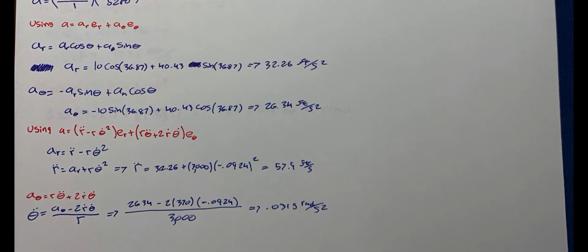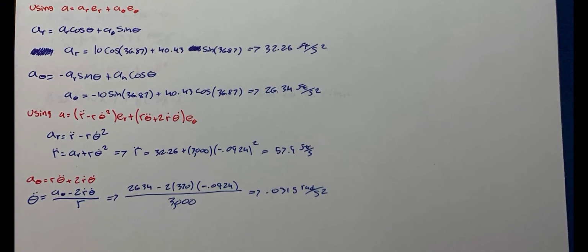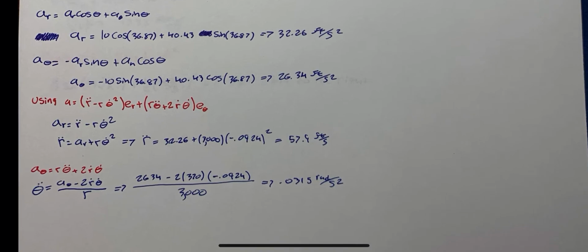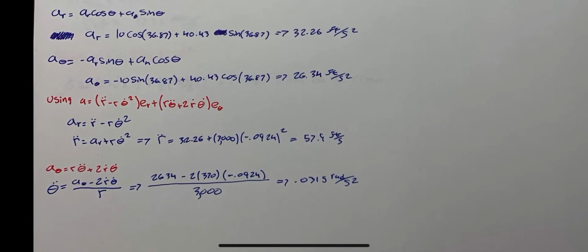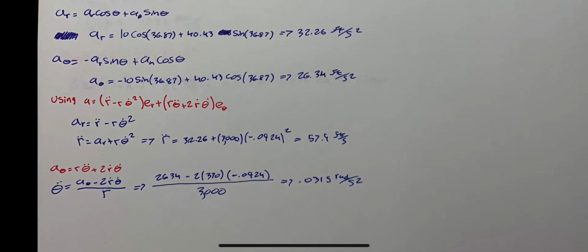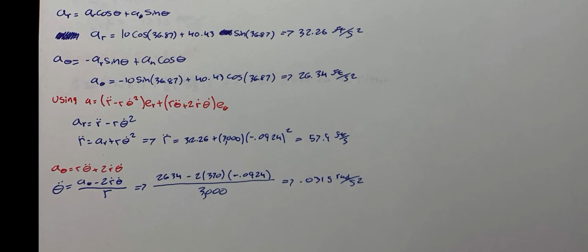Taking the derivative of the earlier equation, we have this. And from that we derive these two other equations. And then we can solve for r double dot. And then we can also solve for theta double dot.